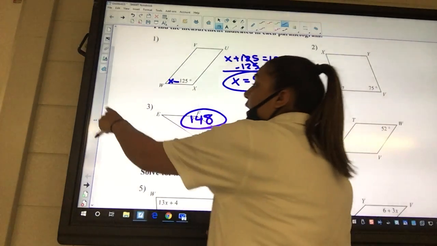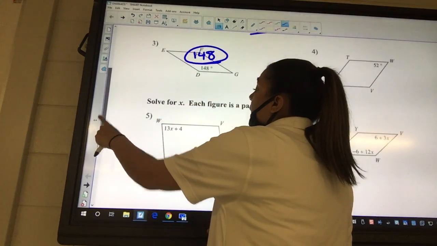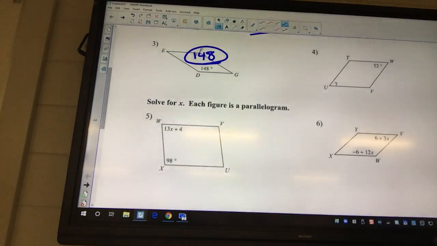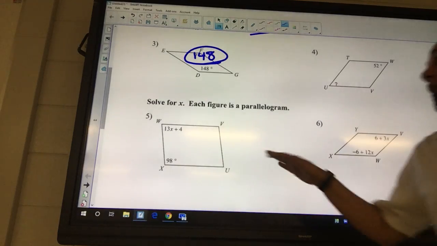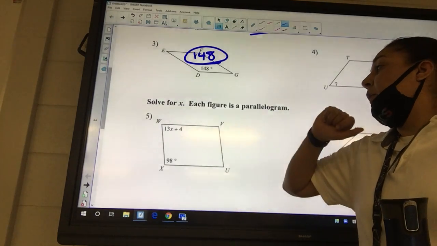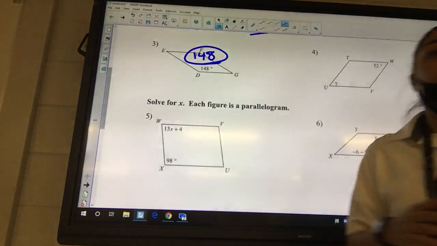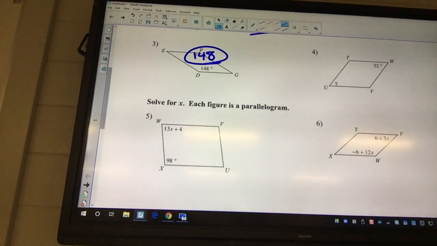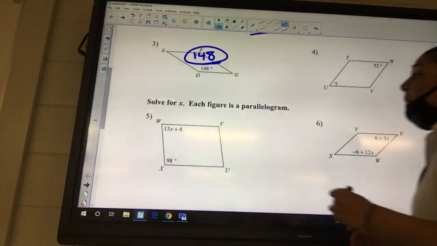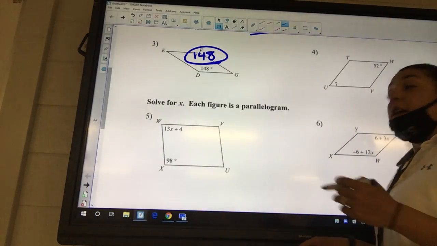Also yesterday we did some with variables. It says solve for x. Each figure is a parallelogram. So we have 13x plus 4 for one of the angles and the other one's 98. Are they same sides or opposite sides? Same sides, which means what? They equal 180.